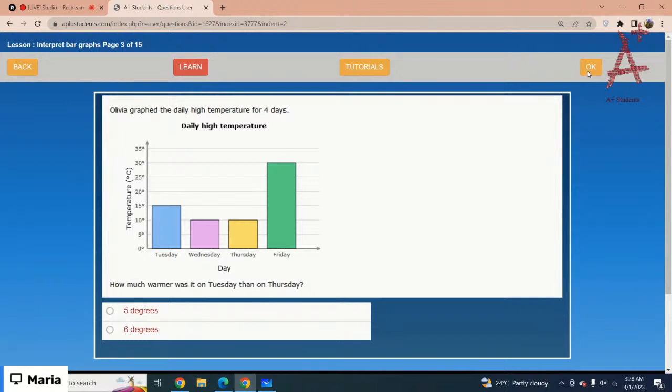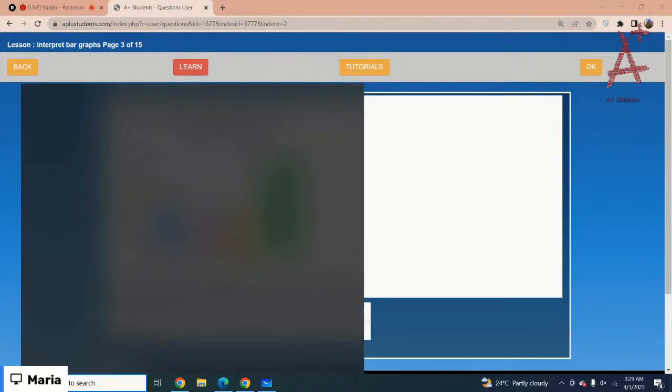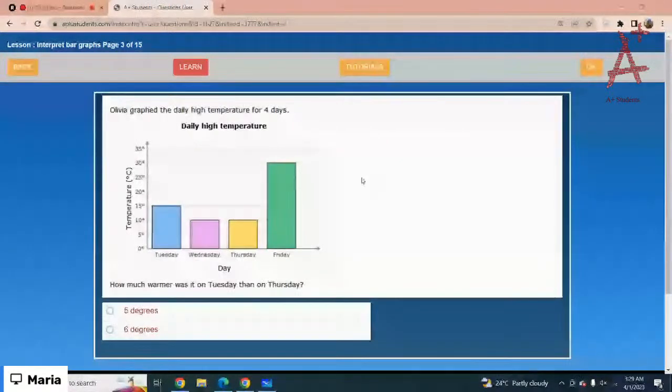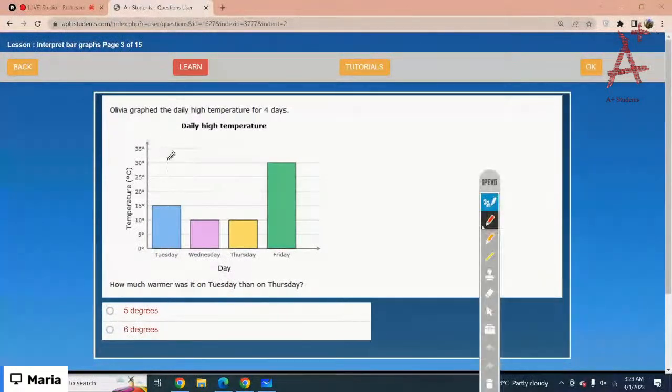Just look at the temperature on Tuesday and Thursday. Okay, on Tuesday it is 15. You can match Tuesday to the graph. It would be 15 on Tuesday. Got it? And on Thursday it is 10 degrees.